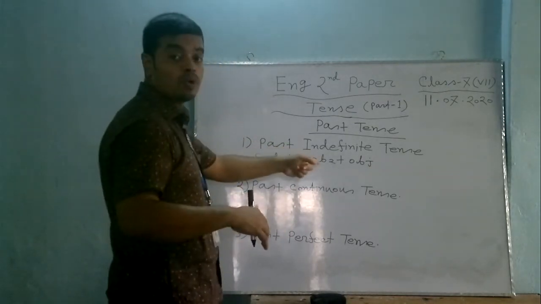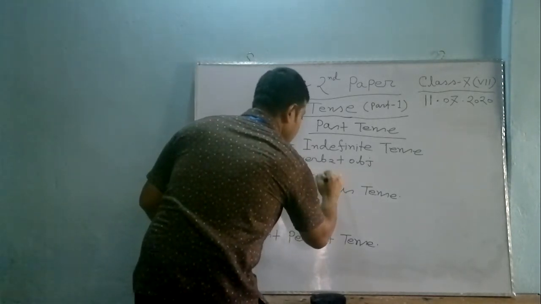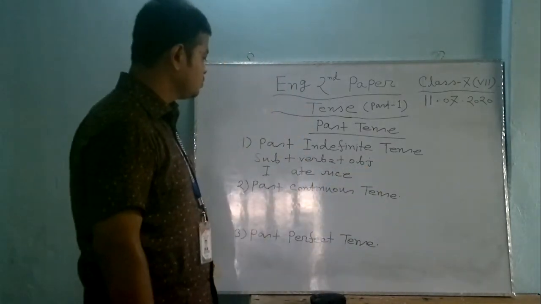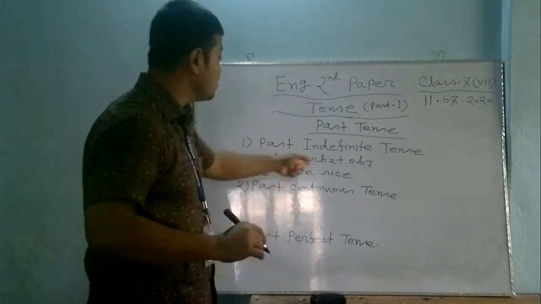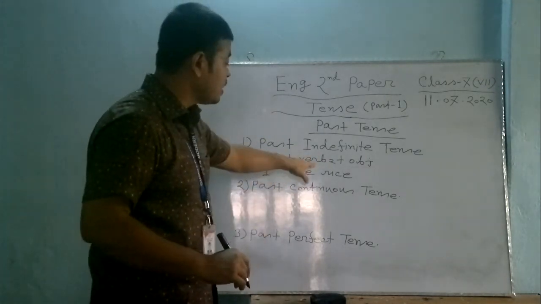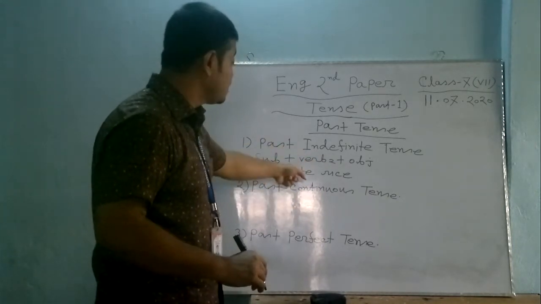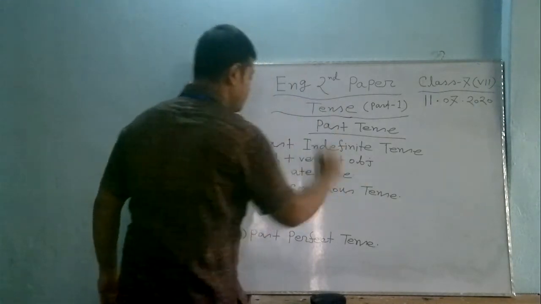Then the past form of the verb eat is ate. Object is rice. So this is a sentence for past indefinite tense: I ate rice.